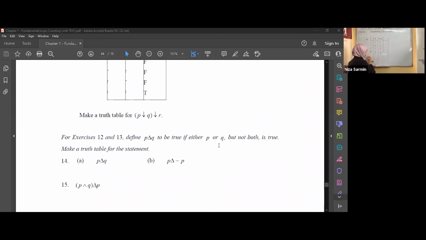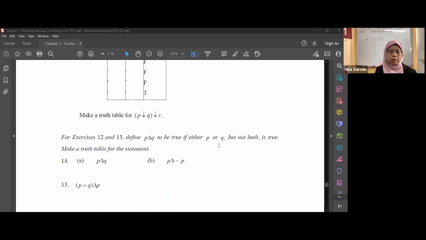Okay, so this is the new rule. It is not part of our rule from before. Either one is true, but not both. Okay, then you have to make a truth table for this one.